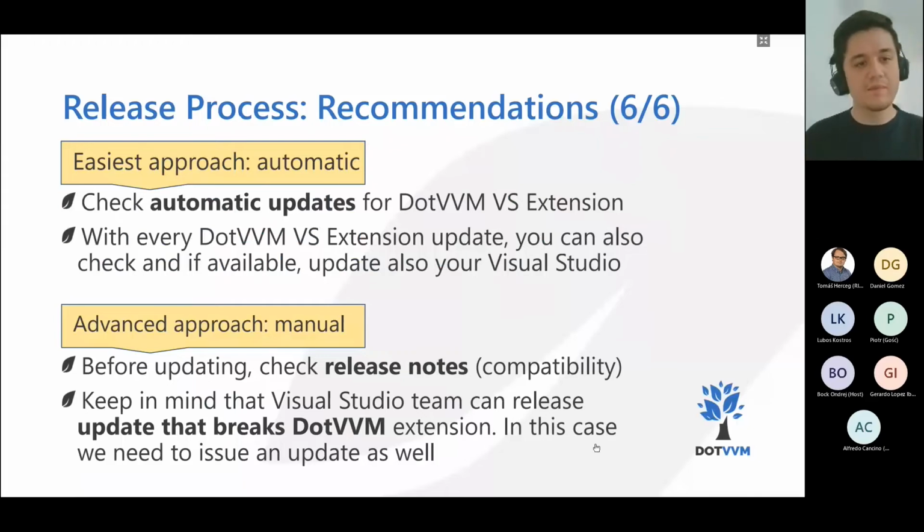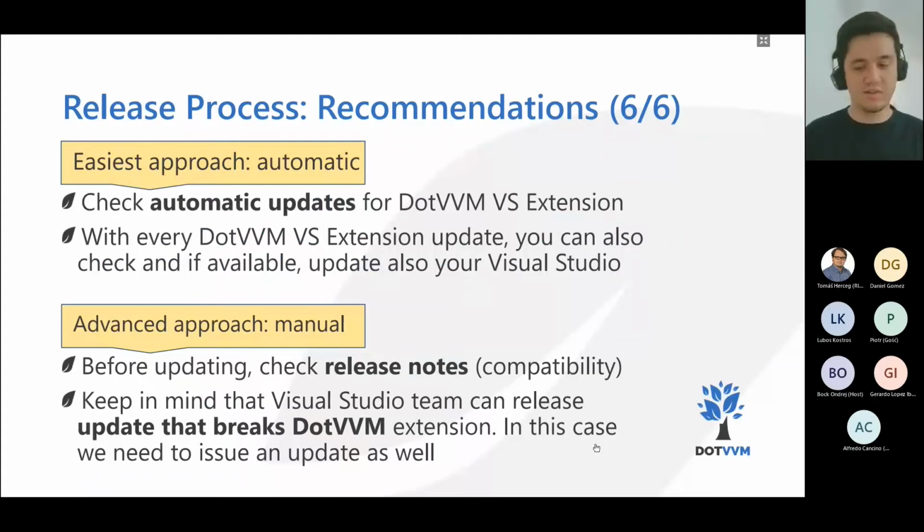So the easiest approach that I can provide is to check automatic updates on Visual Studio extensions for .vvm. Whenever an update is available, it will be installed once you restart your Visual Studio. You can also know that this is the point where you can update Visual Studio too, because we always build our extension against the newest patch of Visual Studio, the newest versions.